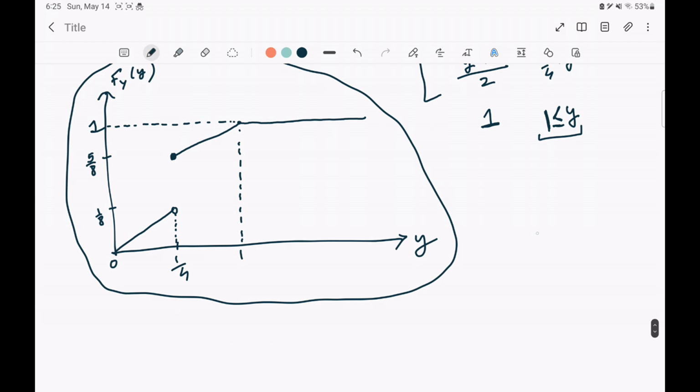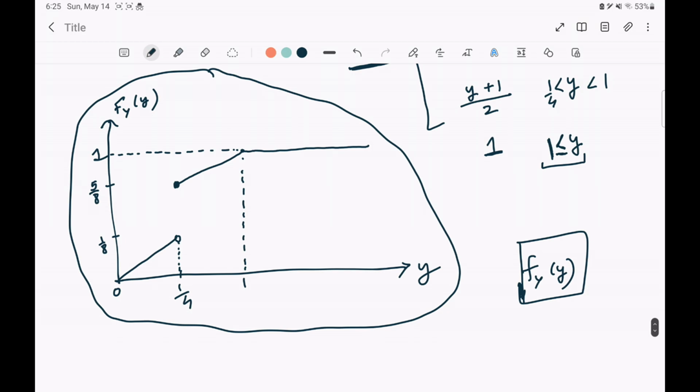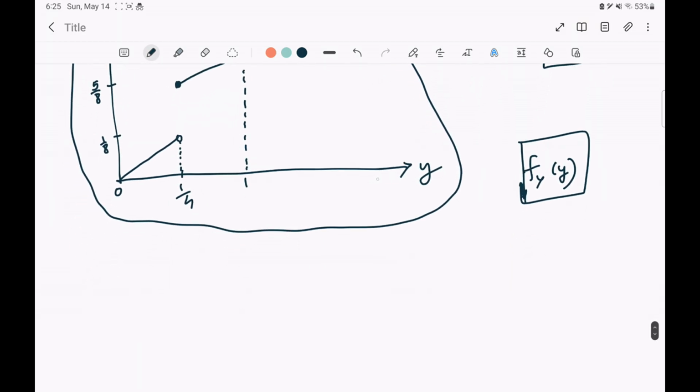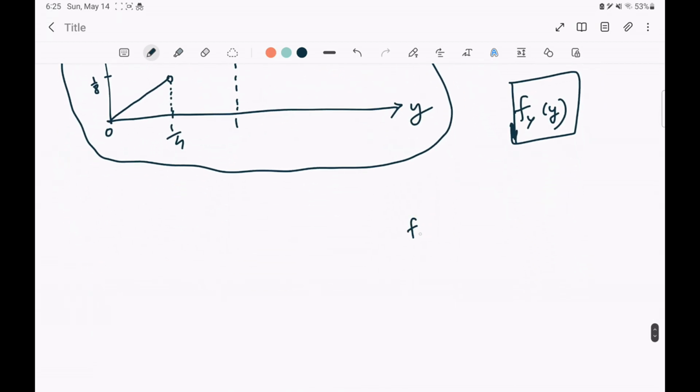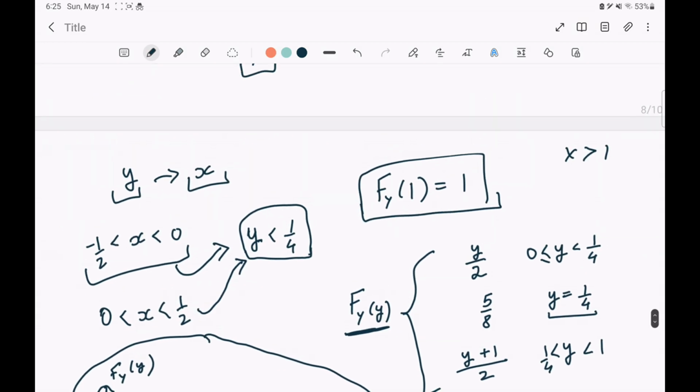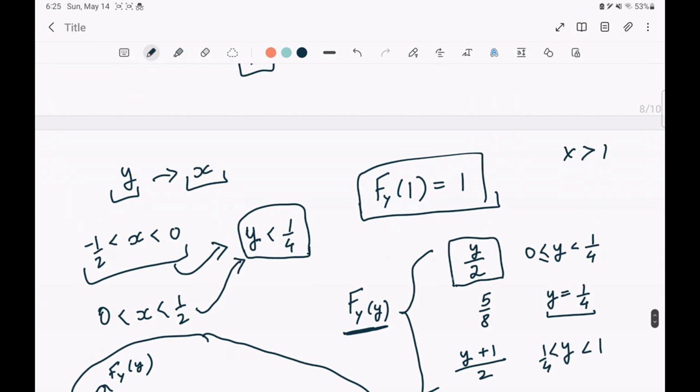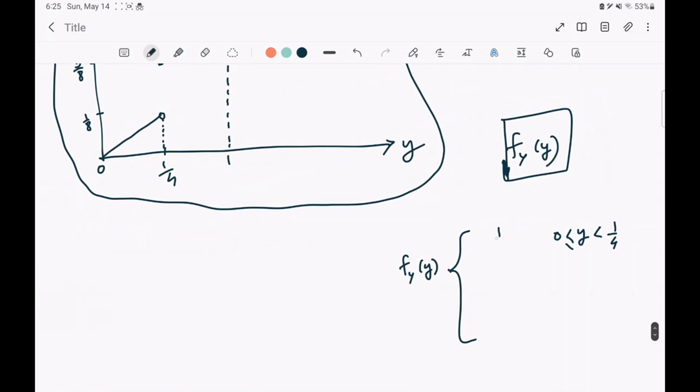Now, to find the probability density function f_Y of small y, all we need to do is differentiate this function. So what would this look like? When we are differentiating it in the range where y lies between 0 and 1 by 4, the differential of y by 2 is half. So this is half with respect to small y.